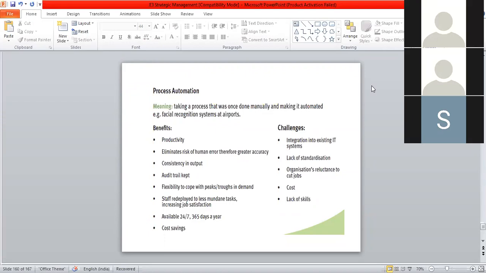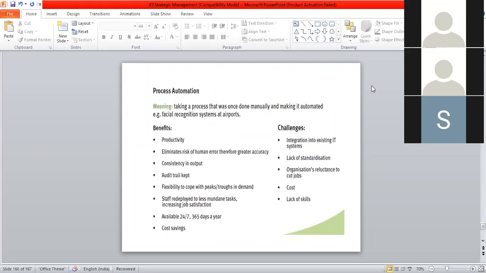So if such repetitive jobs, which are monotonous and lack skills, are automated, then the employees can be placed elsewhere, wherein their skills are recognized and they can have some job satisfaction.